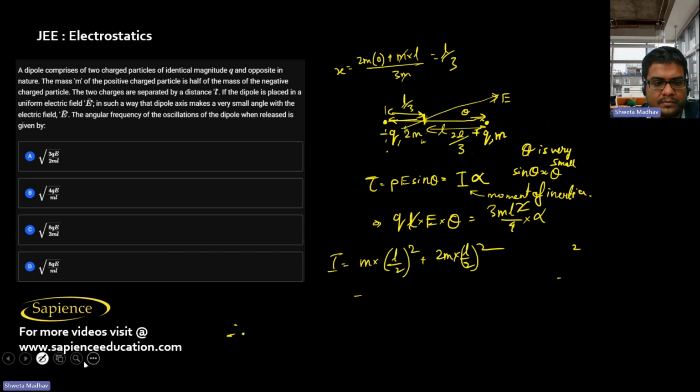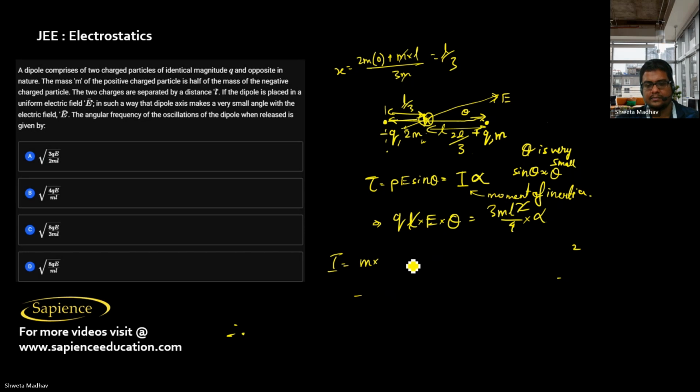So therefore, we look at the moment of inertia about the center of mass. Summation mr square, so here will be the axis of rotation. m into 2l by 3 whole square plus 2m into l by 3 whole square.